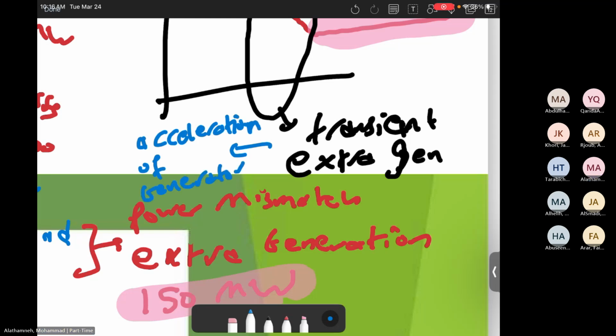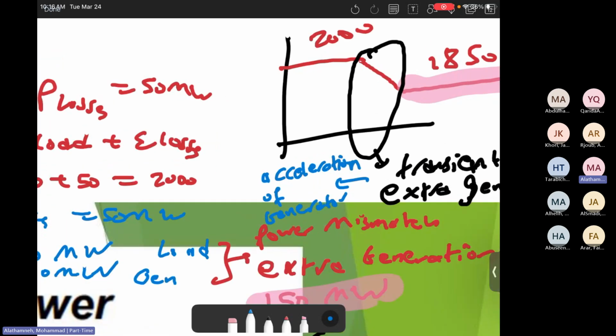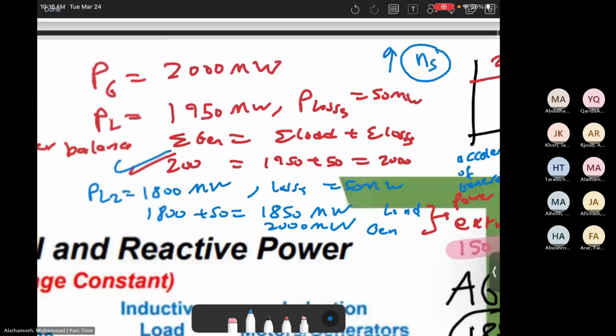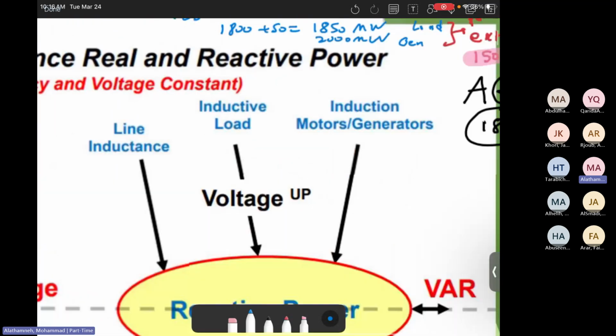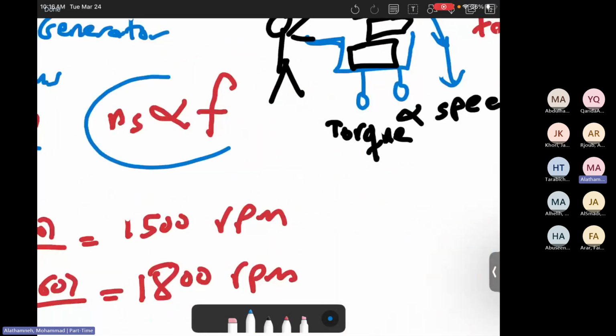Now, how can we translate this into electrical terms? In the mechanical case, the machine will be accelerated, which means the rotational or synchronous speed will be increased. What will happen to the frequency? I think it has already been mentioned. We know the speed and the frequency are directly proportional.